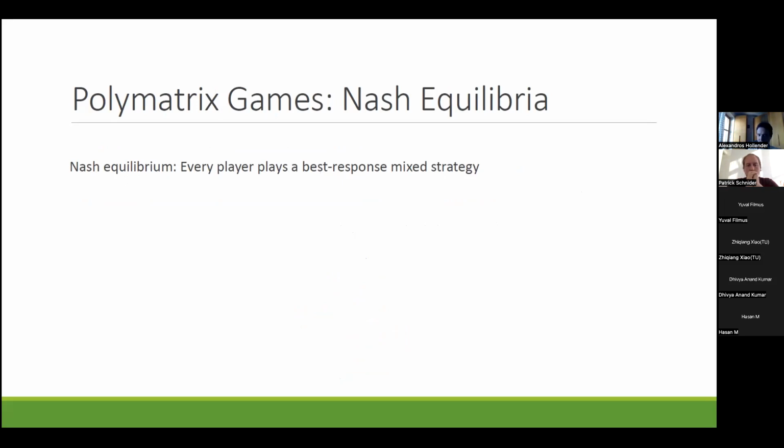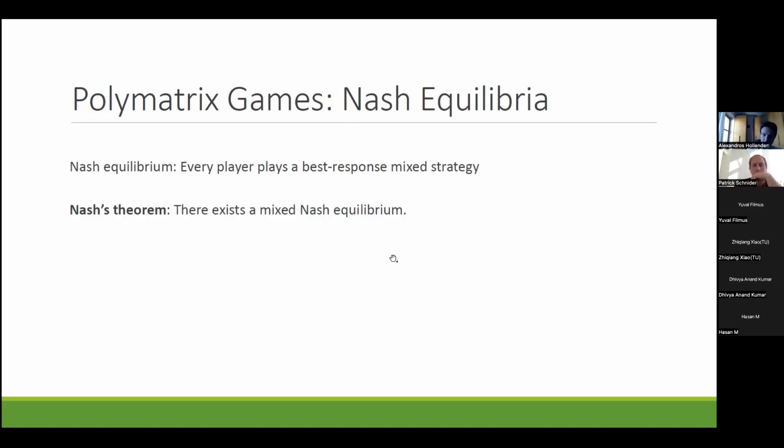Just intuitively, it's a set of strategies, one for each player, where every player believes that they play the best that they could, given what the other players play. In other words, given what strategies the other players have picked, I am playing a best response to that choice of strategies. I am playing the best strategy I can play in order to maximize my payoff, given what the other players have chosen to play.